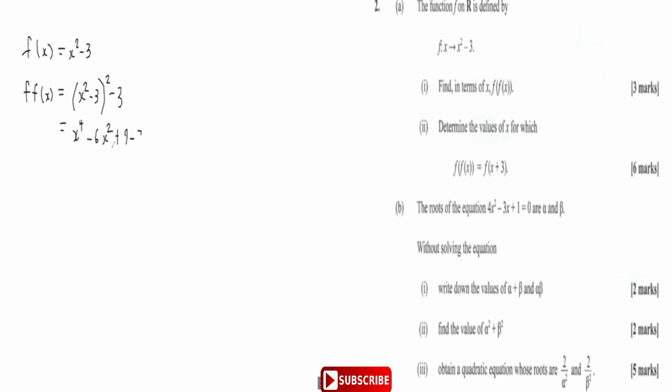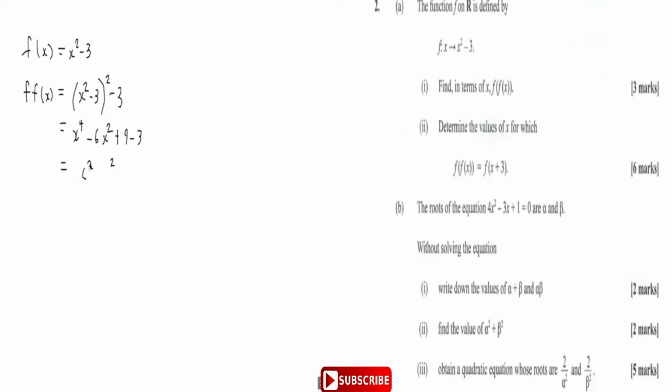All right? And so what we're getting is that f of f of x is actually working out to be x squared minus 3, all squared. Then 9 minus 3 is plus 6. Wait, why am I writing this? Apologies.